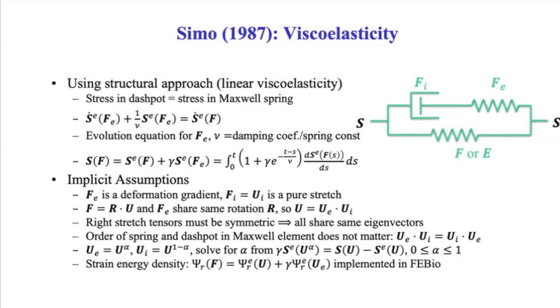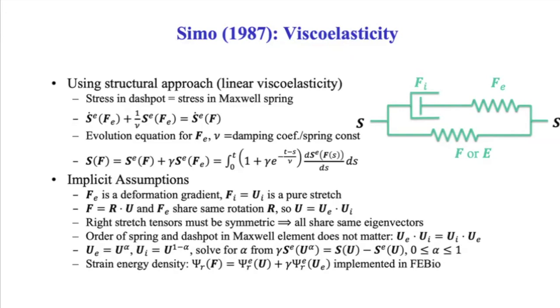When you switch the order, it turns out that the only way that you can actually switch the order but not change what's going on is to assume that the deformation gradient here has eigenvectors which are aligned with the deformation gradient here. So the stretch ratio has to have the same eigenvector, so it remains symmetric whether you flip this or you don't flip it.